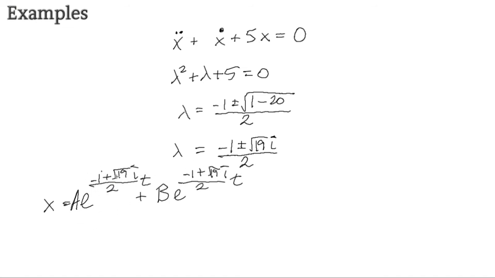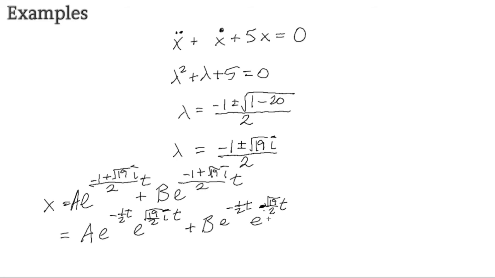However, this addition can be split by index law, such that you're left with e to the minus a half t, e to the root 19 on 2 i t, add B e to the minus a half t, e to the root 19 on 2 negative i t, because for the B it's actually negative, which is my bad, plus and minus, remember.